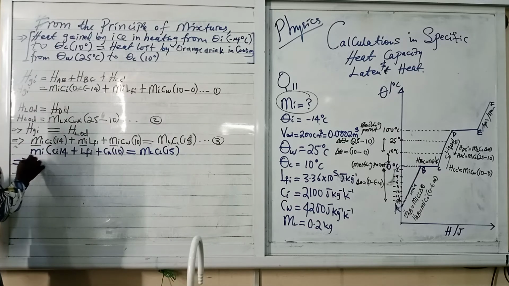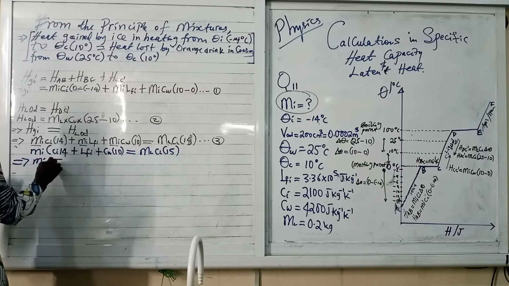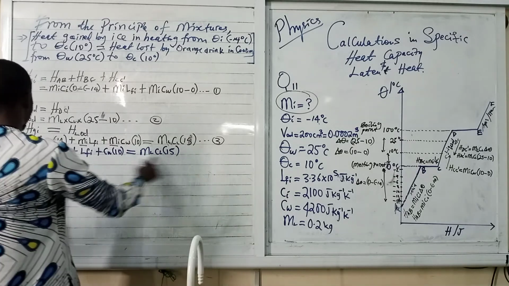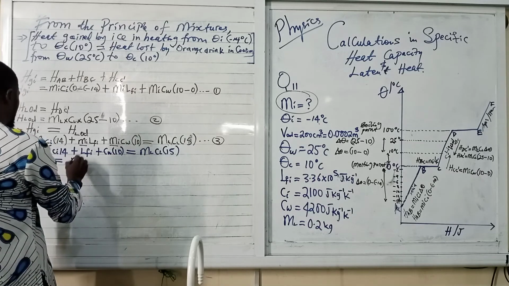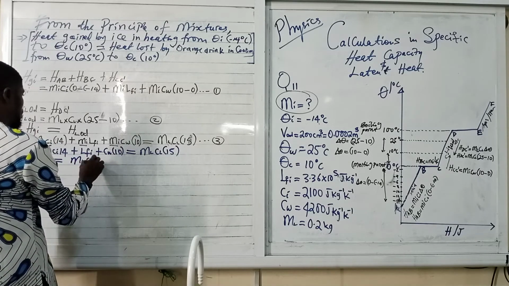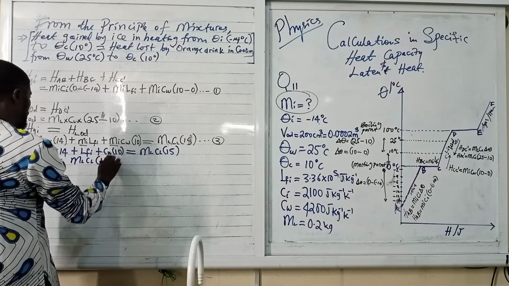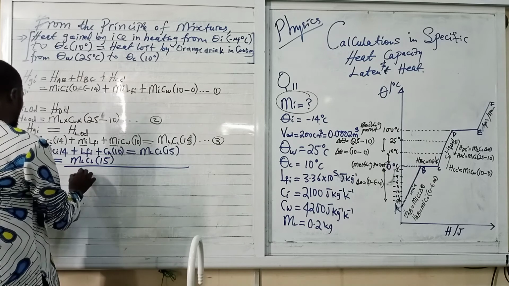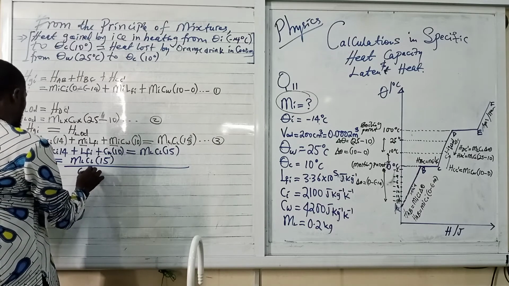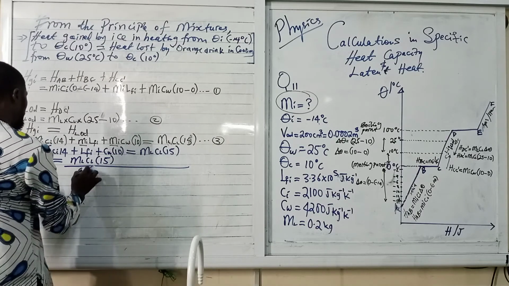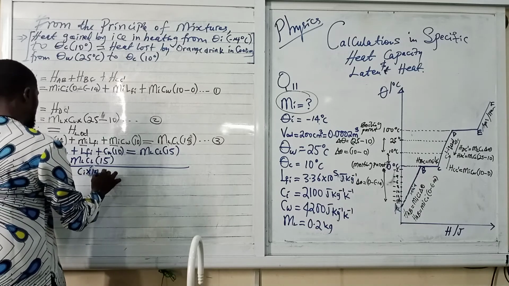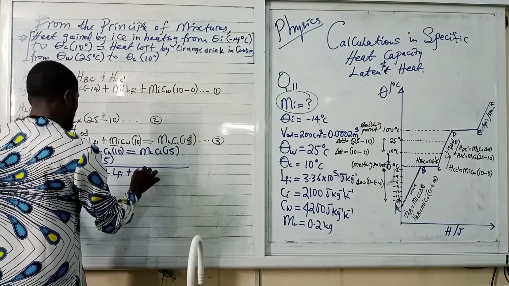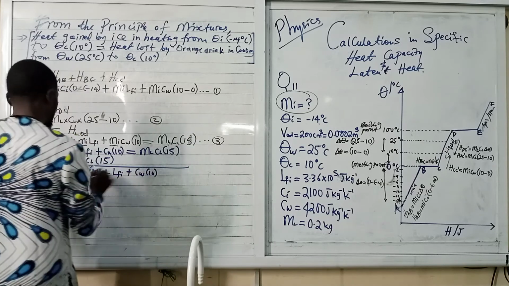So this implies that mass of ice is given as the whole of this divided by the whole of this: mass of liquid, c of liquid into 15, divided by c of ice times 14 plus L_f of ice plus c_w of water into 10.